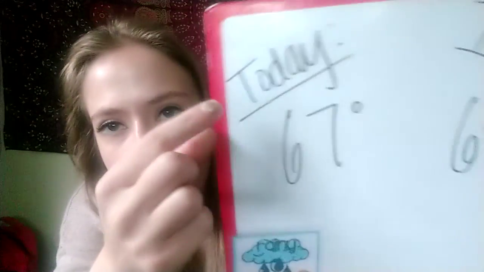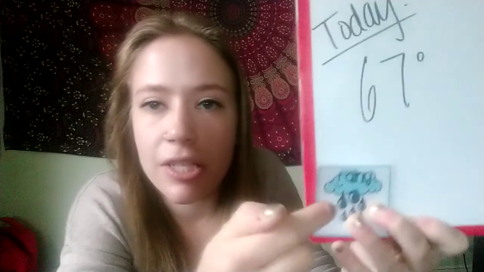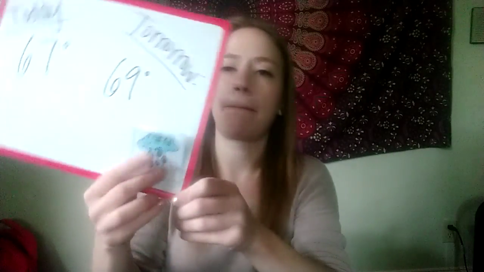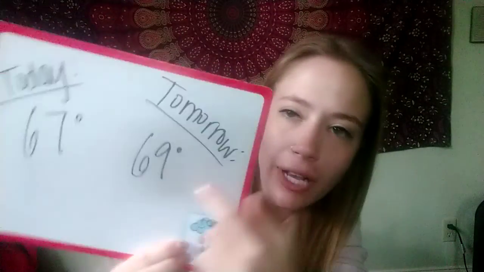And then tomorrow will be a high of 69 degrees and also rainy. So here we go. Today, a high of 67 degrees and rainy. And tomorrow, a high of 69 degrees and also rainy.